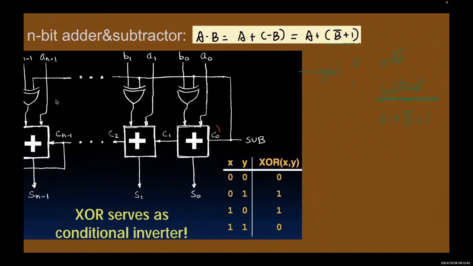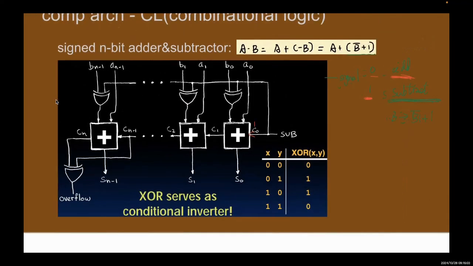If C0 is 0, then we are doing normal adding. When C0 is 1, this is actually adding 1 here, right? If C0 is 1, we are adding 1 to the input. So add 1 is here, and we also need to flip the B.